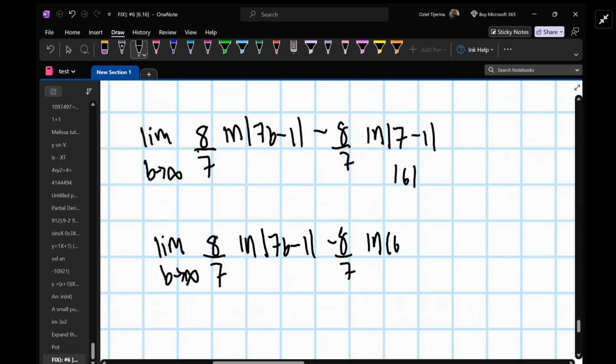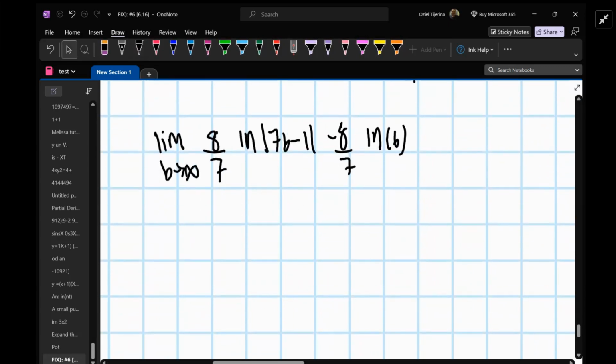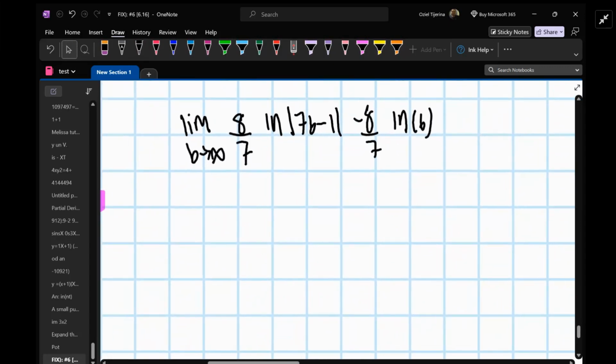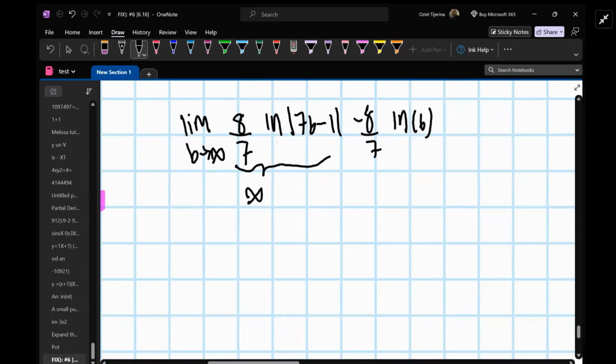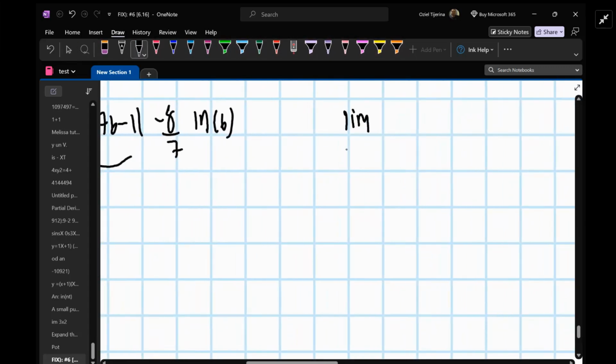But it's just 6. So now we know that the first part, the limit as b approaches infinity of this, is just going to be infinity. Just know that the limit as b approaches infinity of ln of b minus a is going to be infinity.